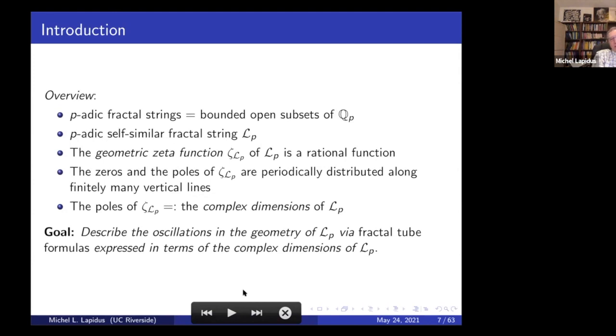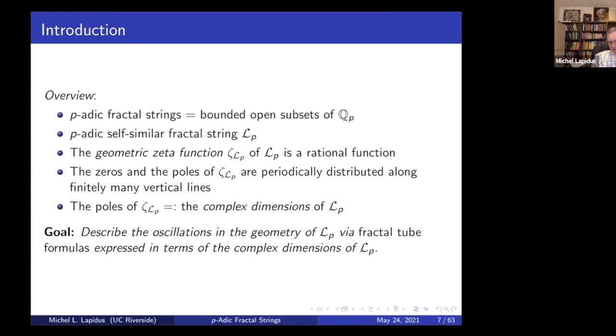And so the goal of the theory of complex dimensions, both in the Archimedean and the non-Archimedean case, is to describe the oscillations in the geometry of your fractal object, in this case the p-Adic fractal string, via, for example, fractal tube formulas, which are expressed explicitly in terms of the complex dimensions.